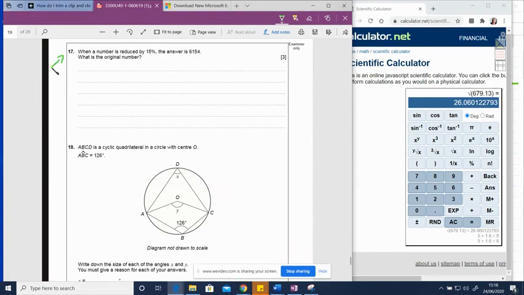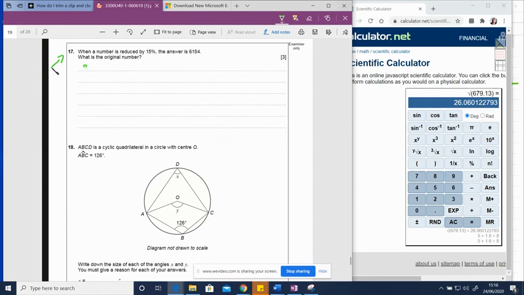Coming on to question 17, it asks us when a number is reduced by 15%, the answer is 6154. What is the original number? Well, let's think about this for a minute. When a number is reduced by 15%, the answer is 6154.